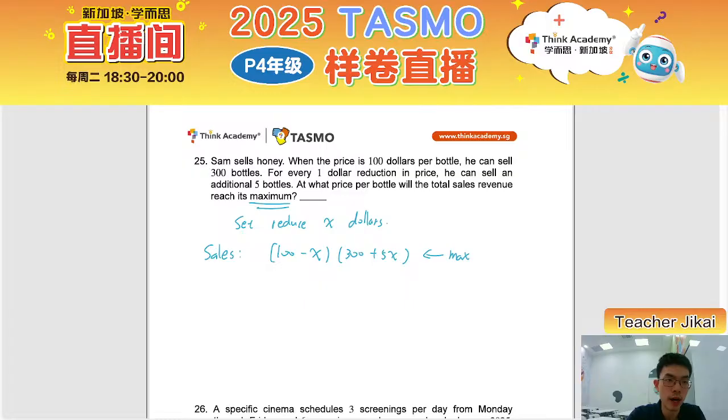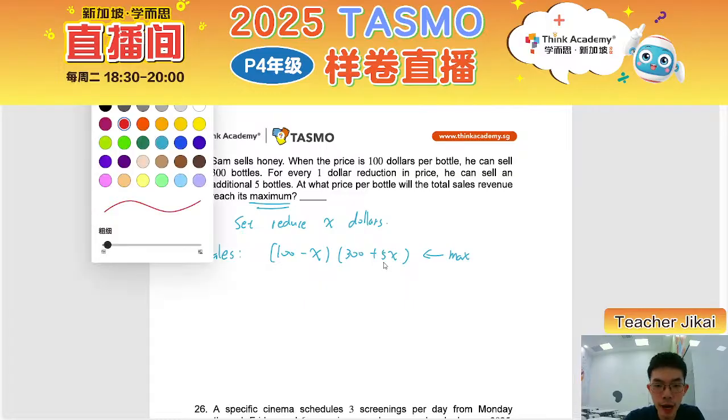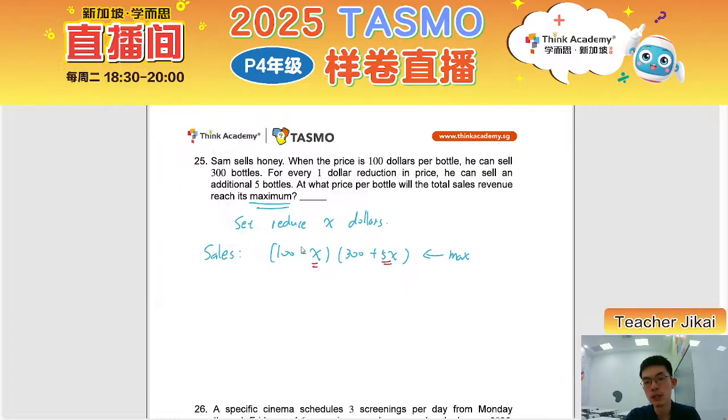So here we have a 5x, we have an x. So we know it is 5 times the x here, plus minus. So why not we just extract these 5 out? What does it mean? It is 100 minus x that will remain the same, but we extract the 5 out, and it is 60 plus x.